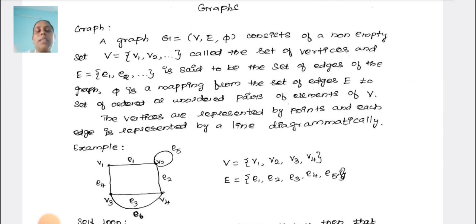In this graph there are four vertices: V1, V2, V3, V4. The vertices are connected by edges denoted by E1, E2, E3, E4, E5, E6. The collection of V1, V2, etc., V4 is the set of vertices, and the collection of edges is called the set of edges.